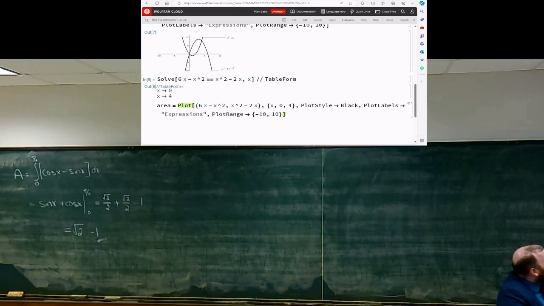I'm going to get rid of the plot range for this one, I think, because I'm now restricting the domain, it should just give me a nice picture. Again, I want to go between curves.